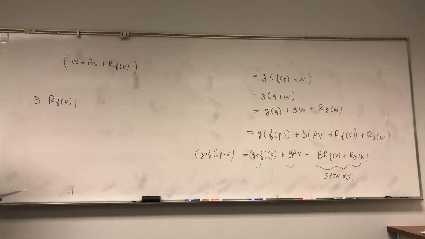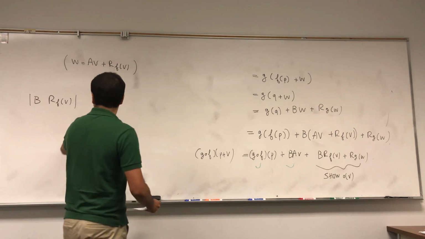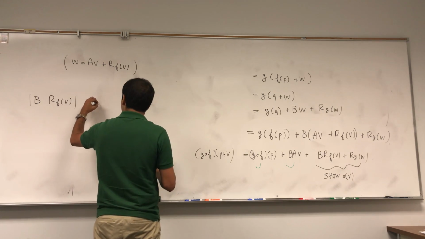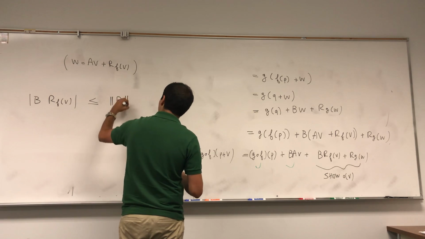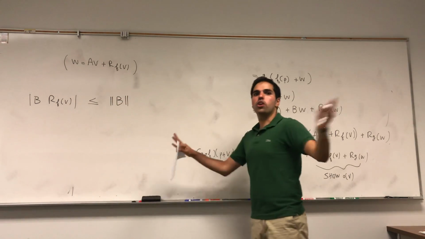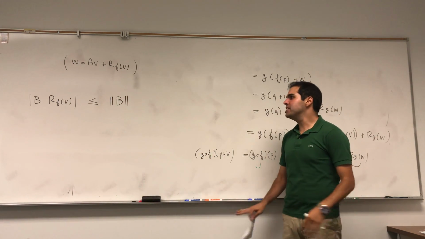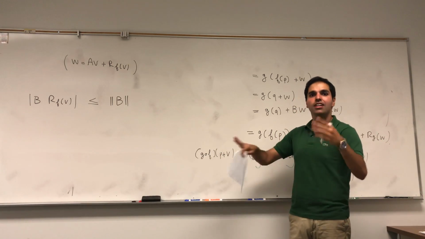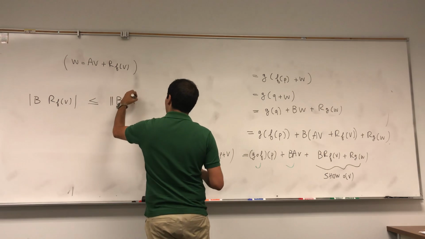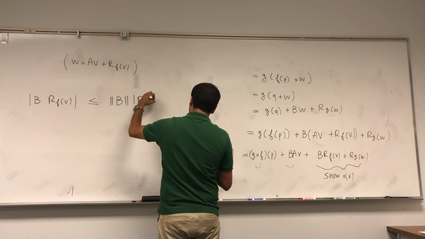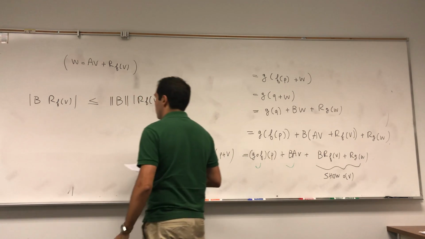You can just estimate it by a huge number times this term. So it's bounded by some norm of B. Think like the sum of the values of B, or like the biggest value. Doesn't matter. All the norms are equivalent. Times r f of v.